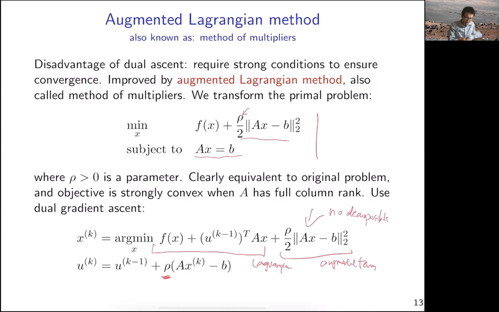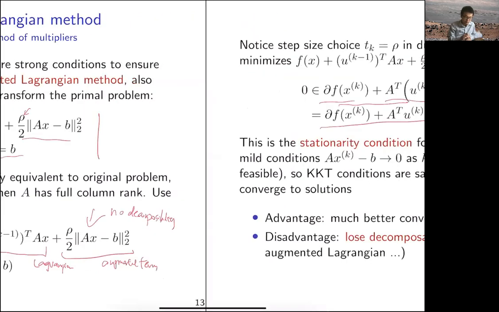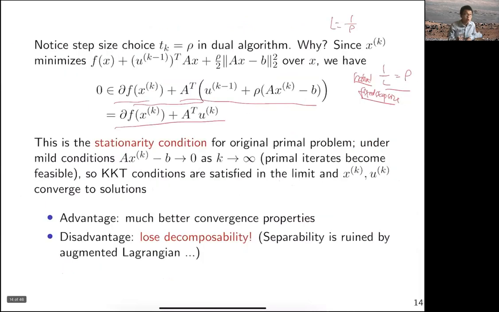And this is precisely due to the added augmented Lagrangian term. Okay, so we'll go to our break and come back at 2:12, and then we'll talk about how to resolve this problem using the alternating direction method of multipliers. Meanwhile, if you have questions, please post them in the group chat, and I'll respond to that after the break.